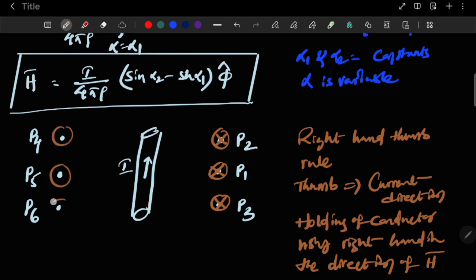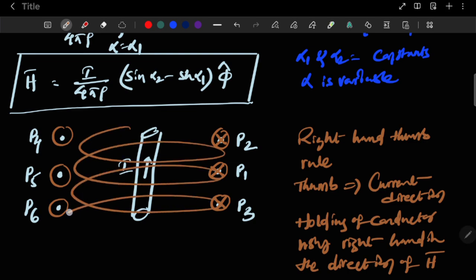Cross circle is indicating going into the screen, dot circle is indicating coming out of the screen. So you will be having the circulating magnetic field intensity around the conductor like this. So here it is going into the screen.